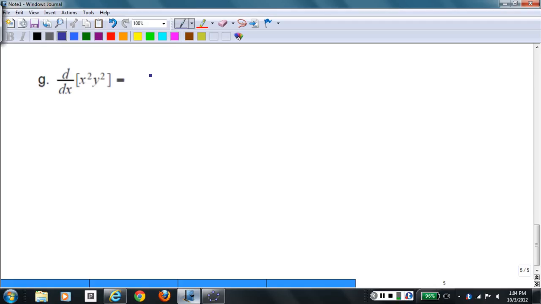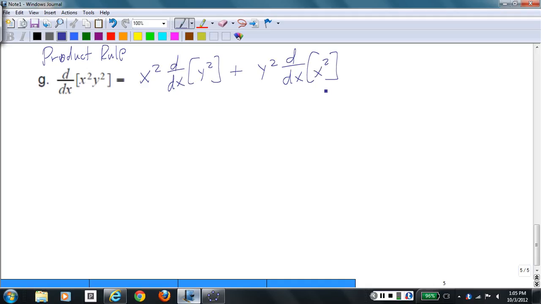So it's the first times the derivative of the second plus the second times the derivative of the first. Product rule. And then the individual derivatives that we have to find, we find them just like we found them in the previous examples on that page.